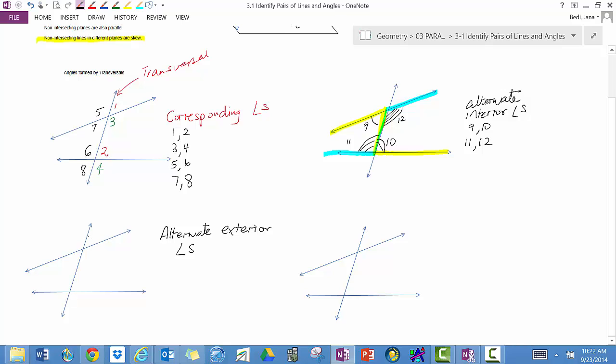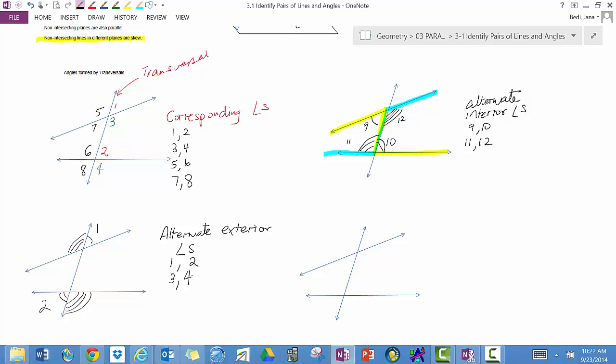So let's start with the number 1 again. 1 and 2. These are on alternate sides and they're both outside. Note that I've been careful in not trying to indicate that the angles are congruent by making sure that the number of arcs is different on each angle.